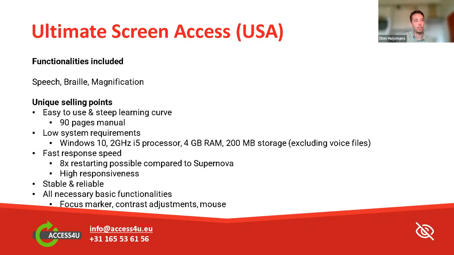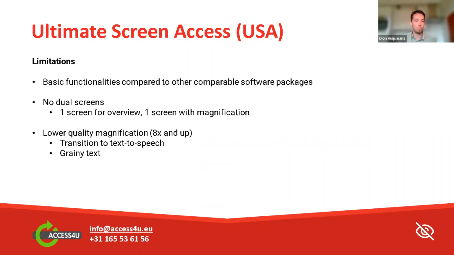For example, we have the Excel Navigator Pro, where it is possible to easily navigate within Excel in case a person is heavily using this feature. But of course, like I said, there are always some limitations to any software package.